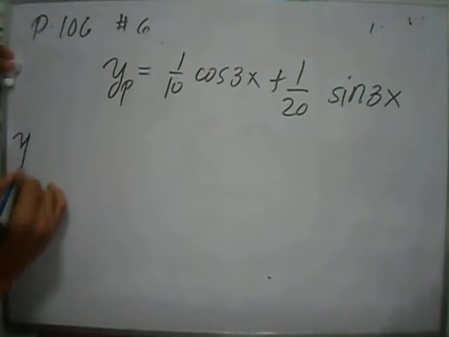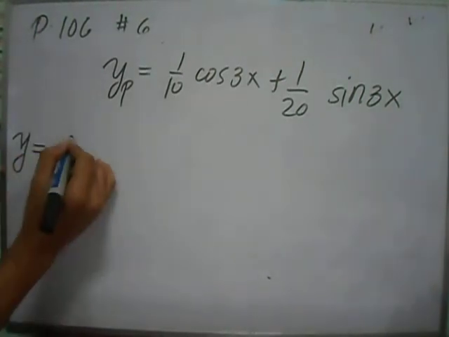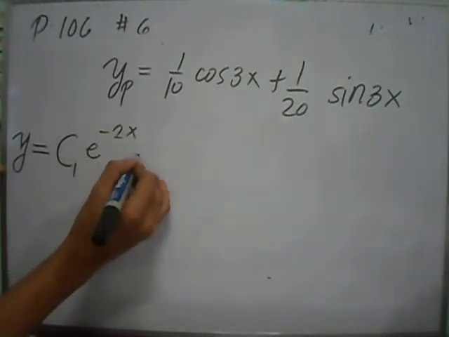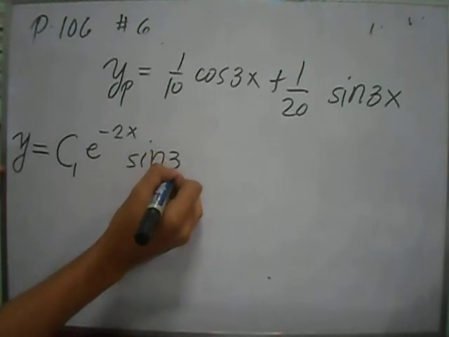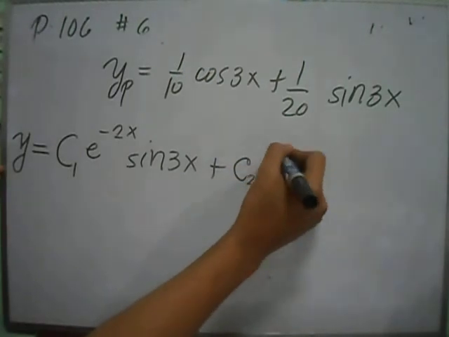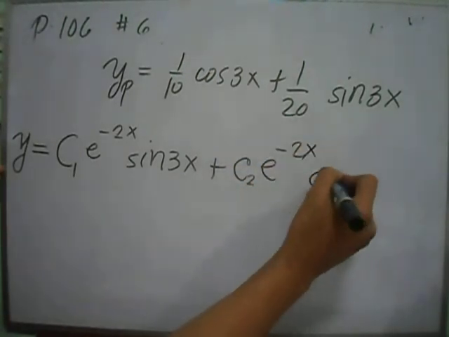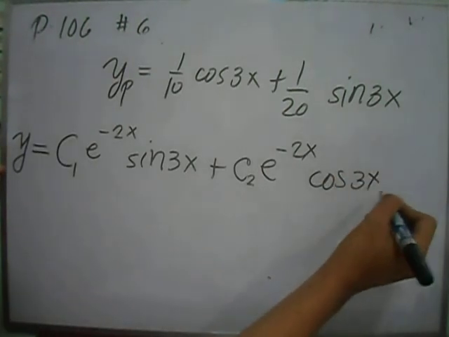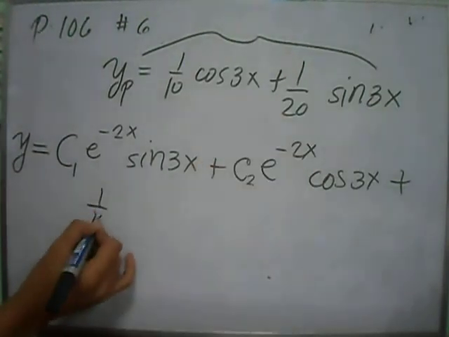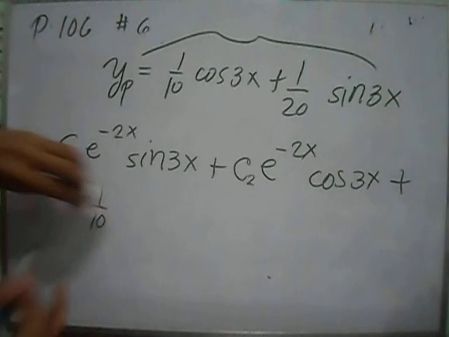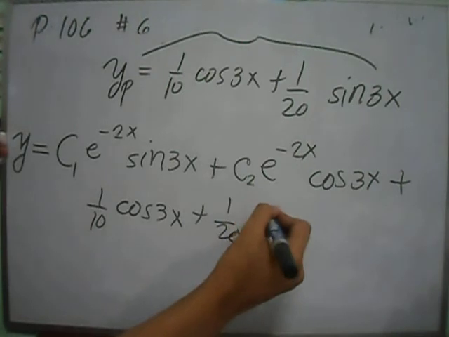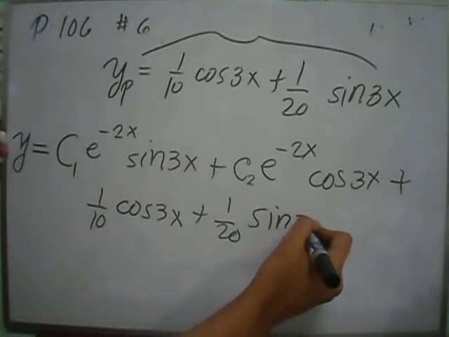Then now we have the comprehensive solution: y equals c1 e to the minus 2x sine 3x plus c2 e to the minus 2x cos 3x, plus the particular term, 1 over 10 cos 3x plus 1 over 20 sine 3x.